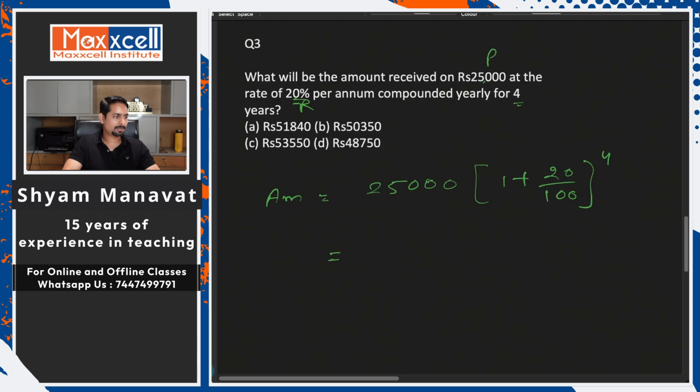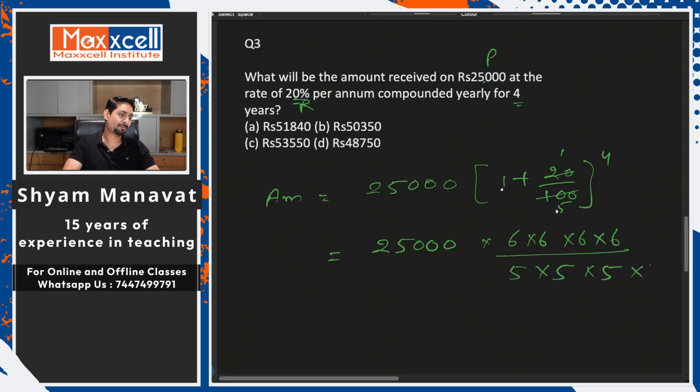Now it's all simplification, right? So this is 25. Simplify: 1 plus 1 by 5, that is 6 by 5. You've got 6 into 6 into 6 into 6 by 5 into 5 into 5 into 5, 4 times. So 5 5s are 25.